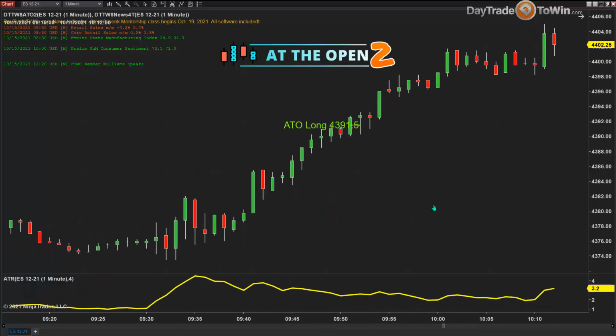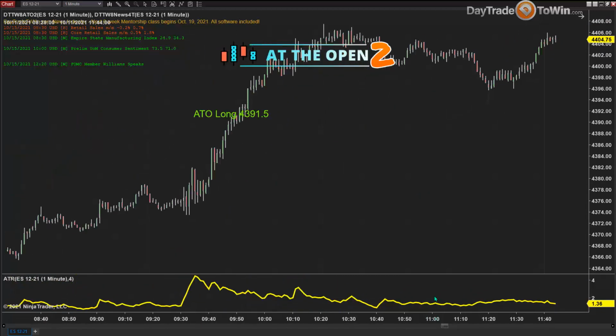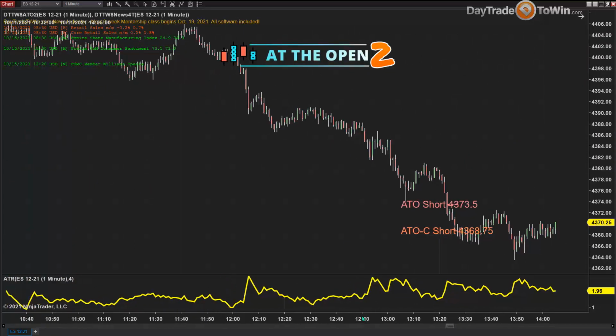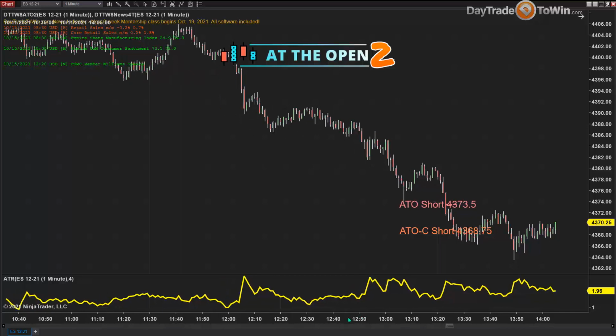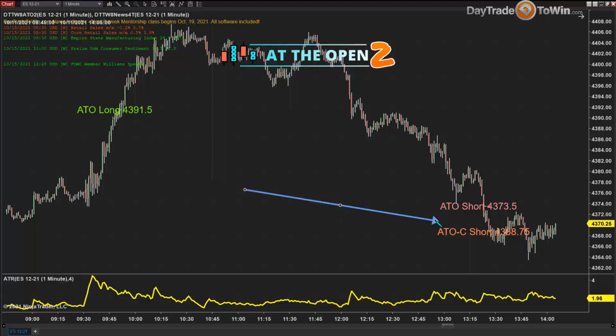Now there's another signal that also occurred on the at the open method, which is, let me just show you here, at about 1:30 New York time. It's a short. Now the problem with this is that I've already taken a successful trade to go long, and it was good. I don't really see a need to take another trade on the at the open. We have the scalper, the atlas line, the blueprint, the roadmap.